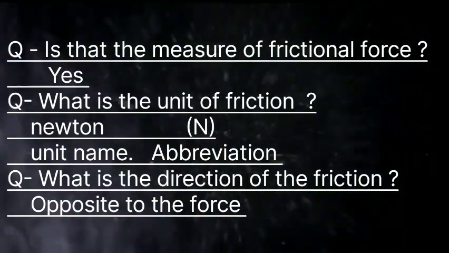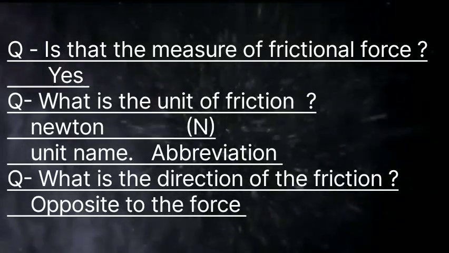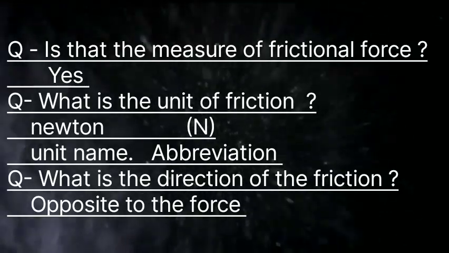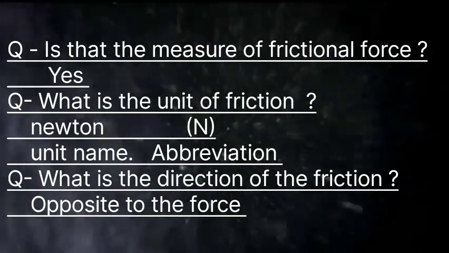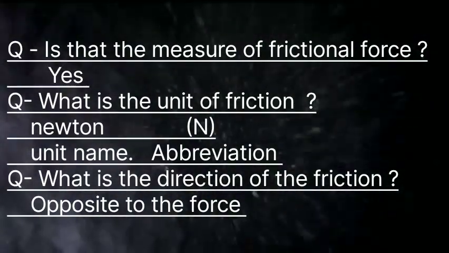Small n is newton and capital N is the abbreviation. Unit names in physics are in small letters.